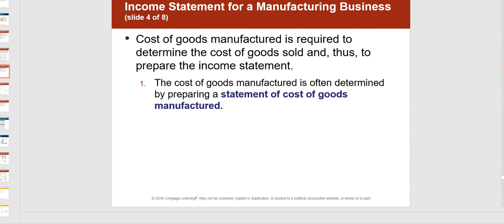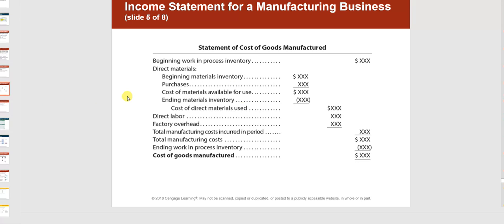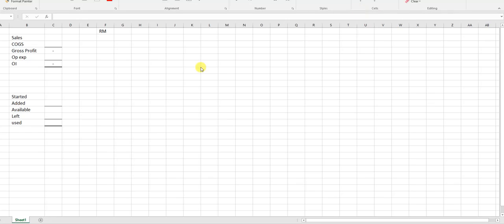Okay, so we're going to walk through the statement of cost of goods manufactured. I want to talk a little bit about this, but let me pause this a second. Okay, so here's our product costs right here. The cost of goods sold ones are our product costs. Okay, so this is our income statement, and this is our period cost.